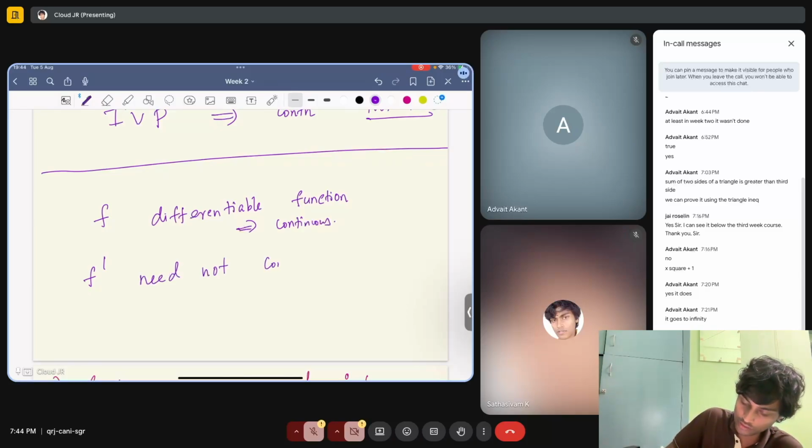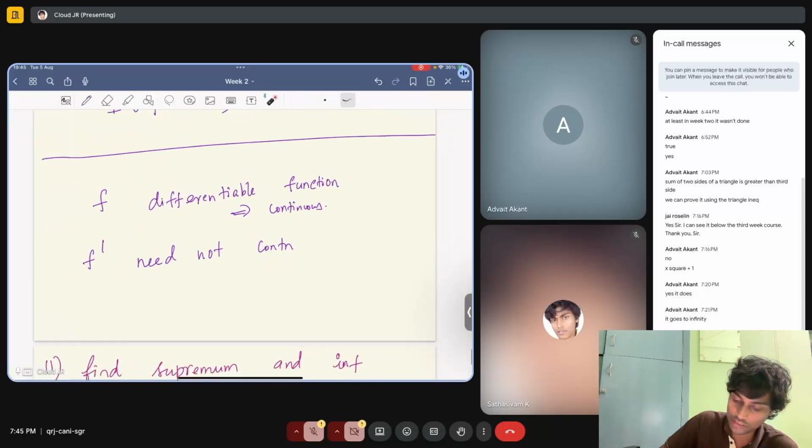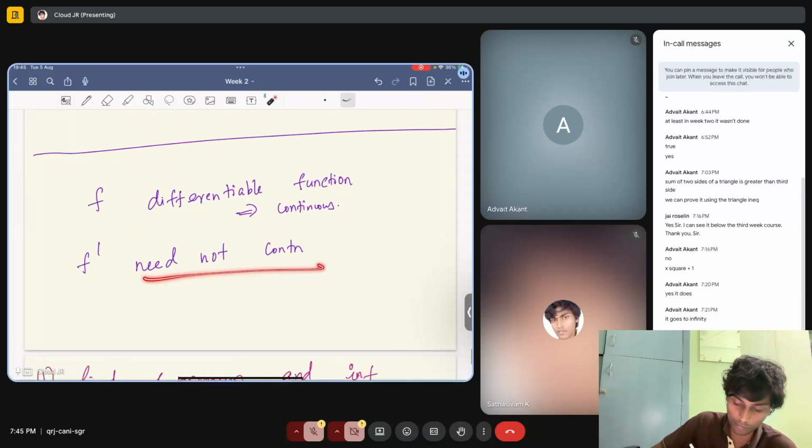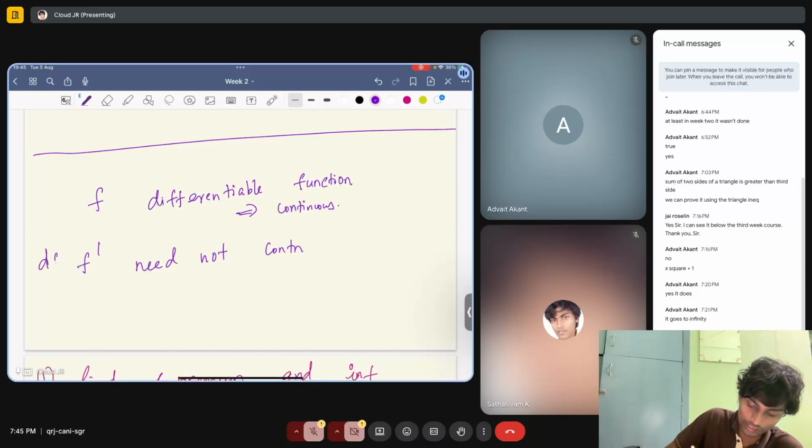If it need not be continuous, that means it need not be differentiable either; it depends on the function. F prime is basically the derivative of f, which people sometimes write as df by dx. It need not be differentiable, and it need not be continuous.